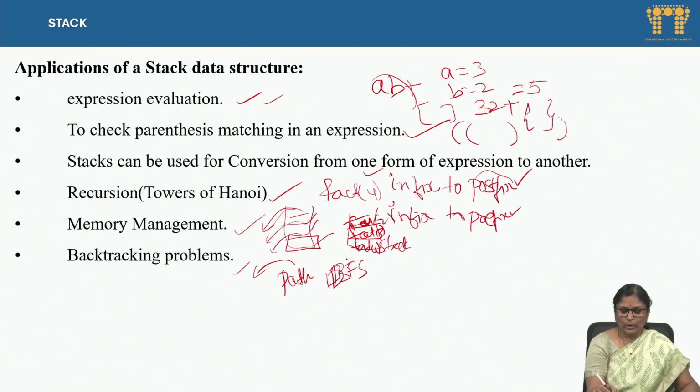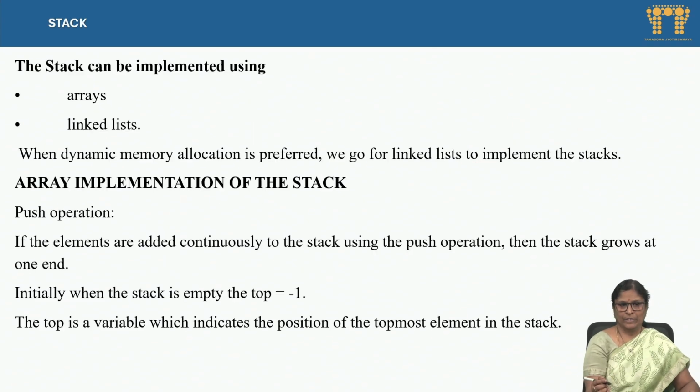Here backtracking exists, that is, whenever you cannot move forward, you can use a stack, because all the nodes in the graph of a depth first search are kept in the stack. So if there is no path moving forward, what do we do? We go back to the previous path and then visit the next node. So these are all the applications of stack, which is why it is very important in computer science.